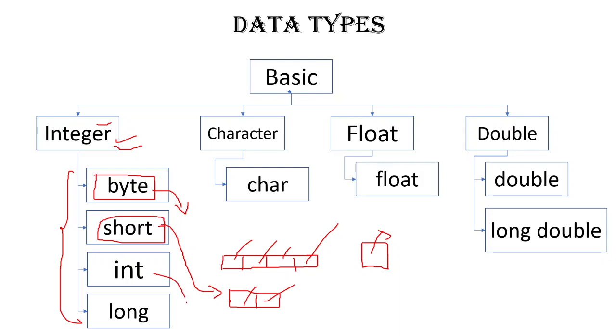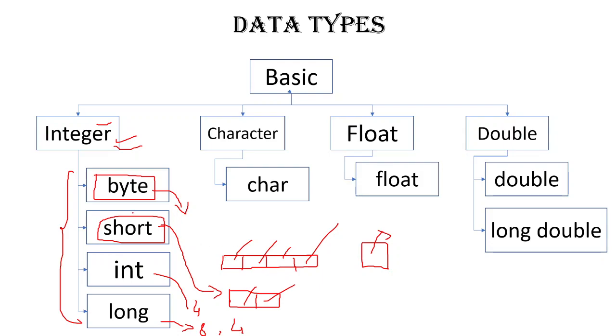Similarly for int it will allocate 4, and for long it will allocate 8 or 4 depending upon the compiler. These data types are highly dependent upon the compiler and the system architecture. If it is a 32-bit system, it will allocate a different amount of bytes. If it is 64-bit architecture, it will allocate a different amount of memory.